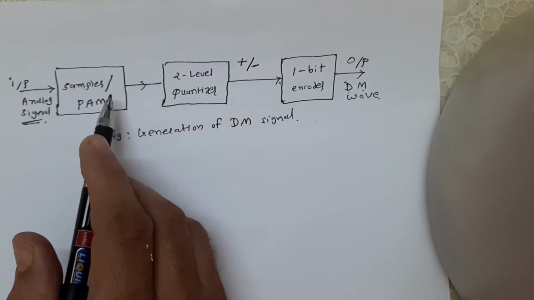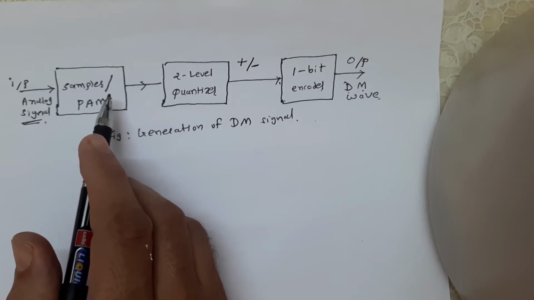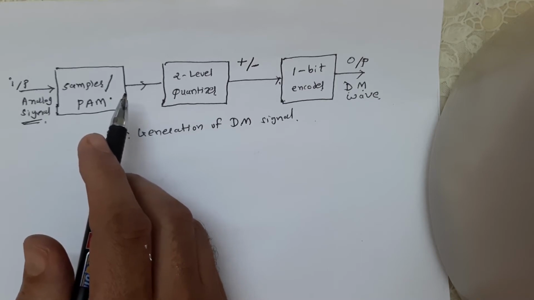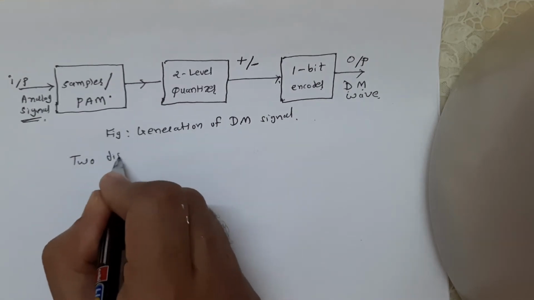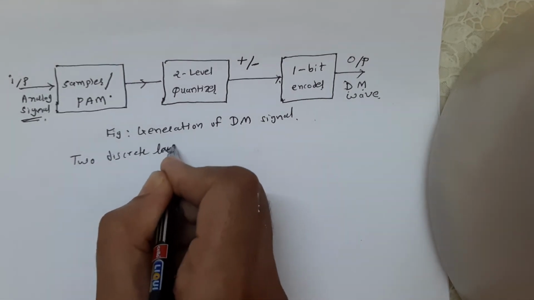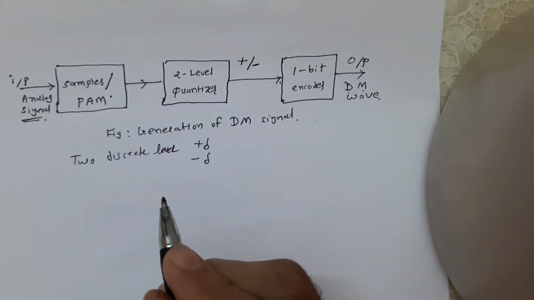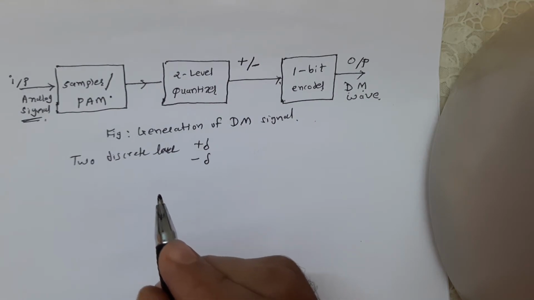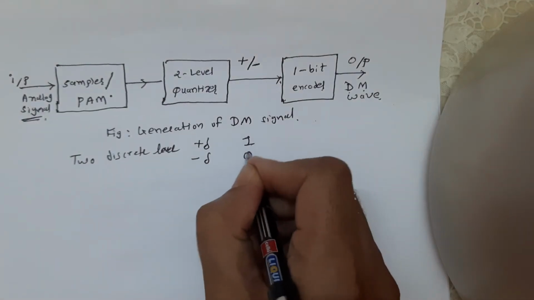Hence, an accumulator is needed to store the previous sample. A summer acts as a comparing device, producing the output in two discrete levels, positive delta or negative delta. Hence, the encoder is trivial, which directly maps the sign of delta into 1 or 0.